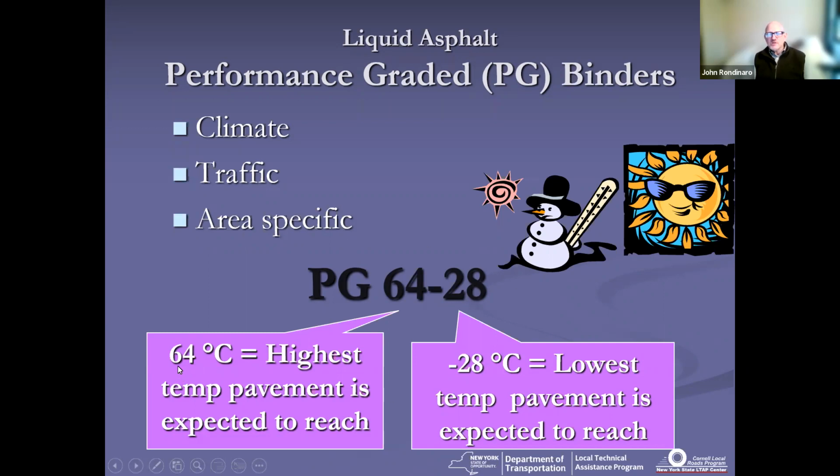That 64 is a Celsius temperature, and it represents the highest temperature that pavement is expected to reach, about 150 in terms of Fahrenheit. On the -28 side, that's the lowest temperature that pavement is expected to reach, about -70. If you look at the 64, 150 Fahrenheit, your pavement's starting to melt. And on the -28 side, -70 Fahrenheit, that pavement's turned into a block of ice. So those are the temperature ranges that binder is expected to perform in.